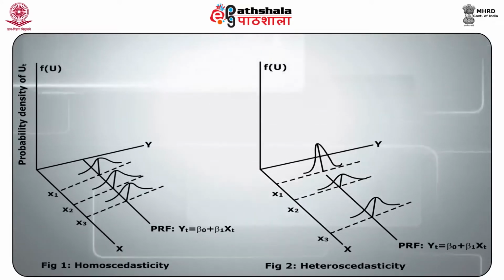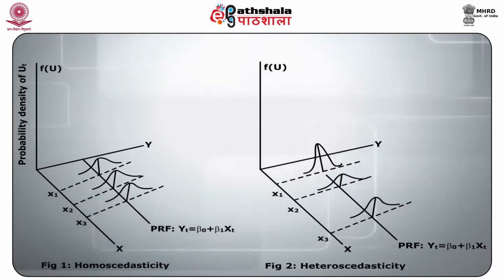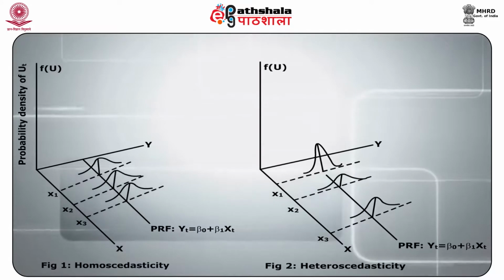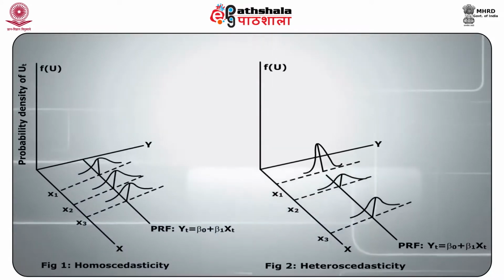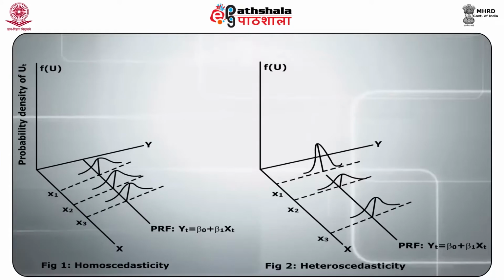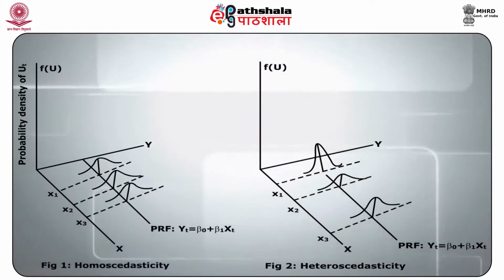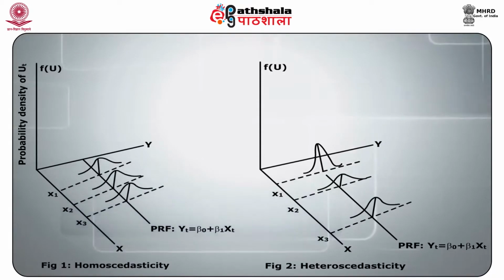This distribution has a mean and a variance. The mean is different for each value of xi because it gives us expected value of y given xi, which is almost your mean value of yi. But the variance, we are assuming, for each value of xi is constant and the same and is equal to sigma square.